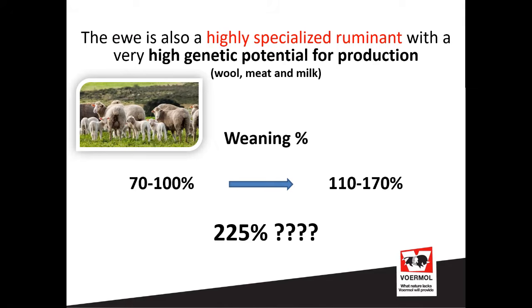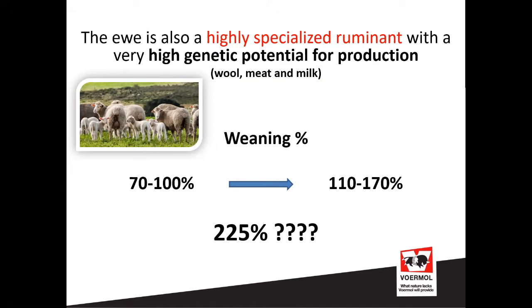But is that the limit? I know there are some breeds in Canada that yield up to about 225%. But remember, that's highly intensive systems. The extensive farmers will struggle to get to that point. What I'm trying to point out is just the high production potential of our ewes, of our sheep production systems.